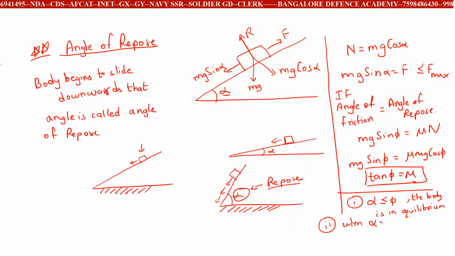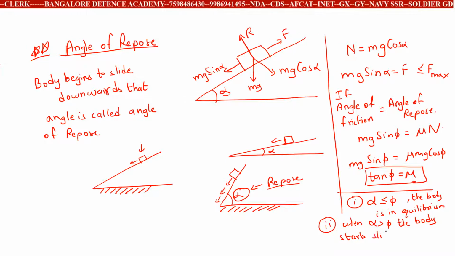And if alpha is greater than phi, the body starts sliding down. Okay, so these are the two important things that you need to keep in mind before solving these kinds of questions.